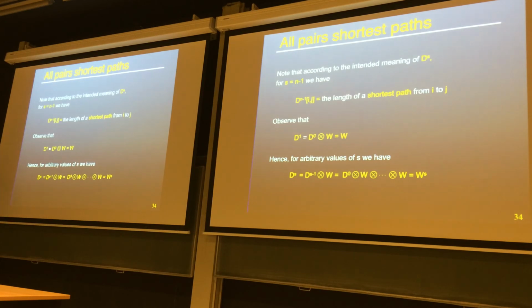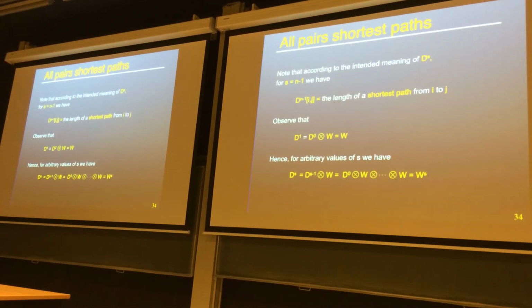Now we know that D1, as we observed earlier, equals W, and DS is D s minus 1 taken with this inner product operation times the W. So if you expand this you get D0 times W times W times W, and that means that this is D1, this is W times W times W, and that's W to the power s.